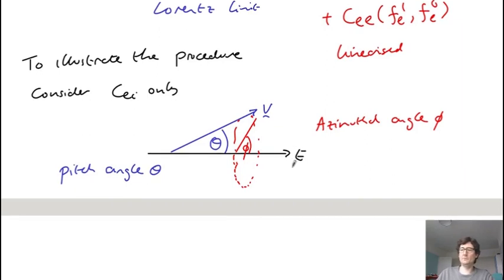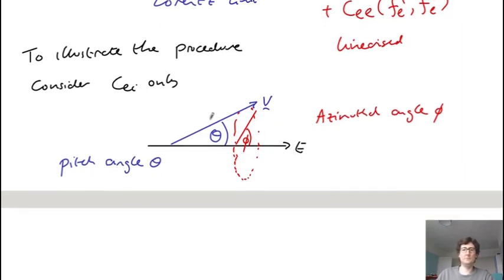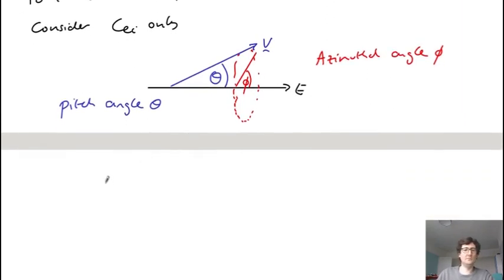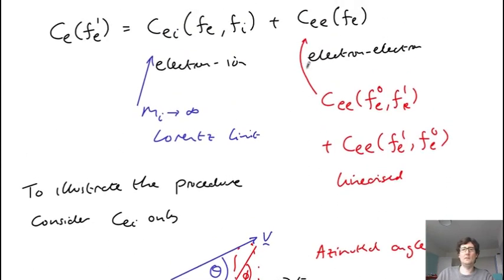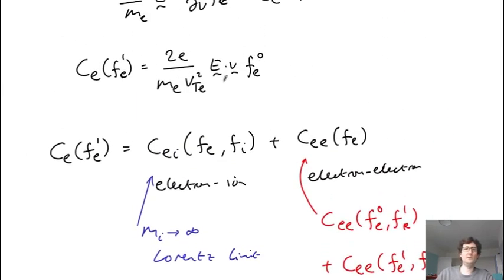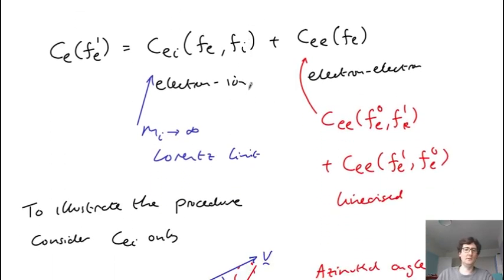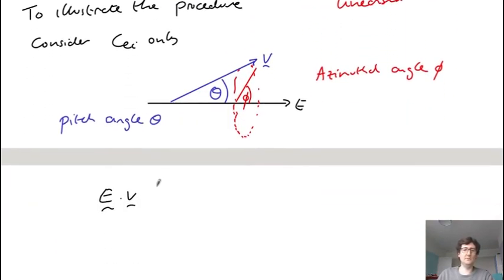It's quite often useful to write this in terms of cos theta, because of the dot product E dot v, which appears in this equation up here. So here we have an E dot v term, the component of the electric field along the velocity. This of course just has a cos theta, so it's E times v times cos theta.